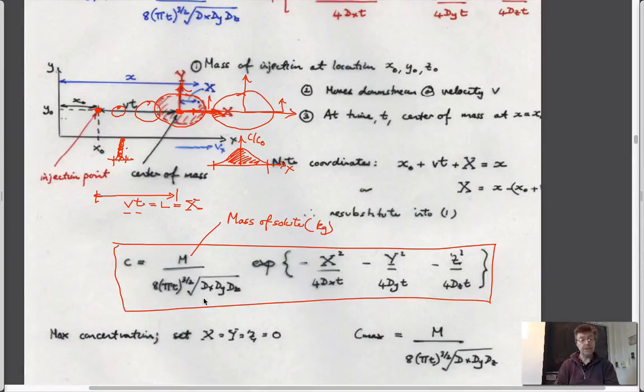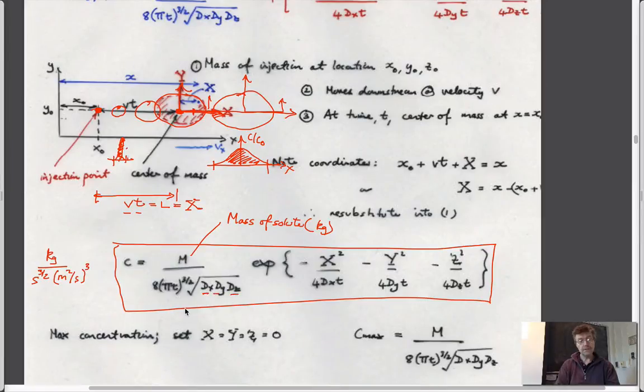So if you do the dimensions on this, I'm loath to do that after what I just did so badly this morning, or this afternoon already. It would be kilograms, right? This would be seconds to the 3/2. And this would be meters squared per second, which are what each of these are. There's 3 of them, so it's cubed, right?